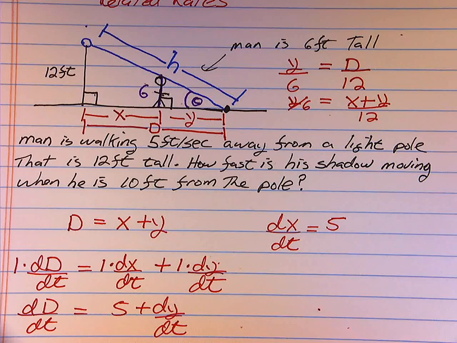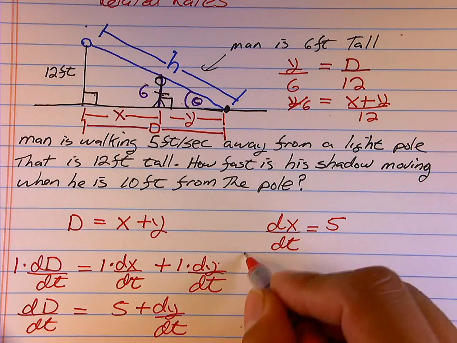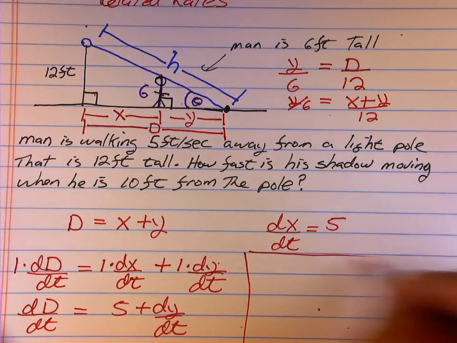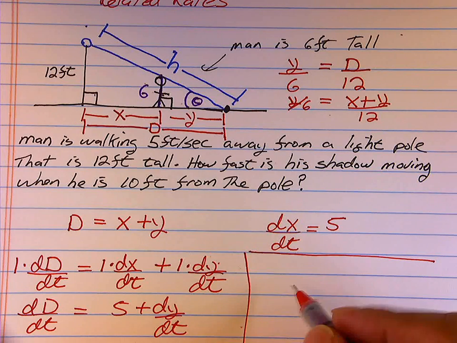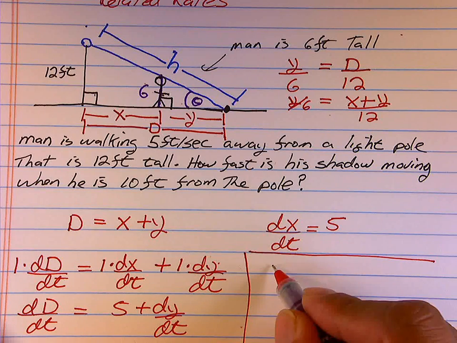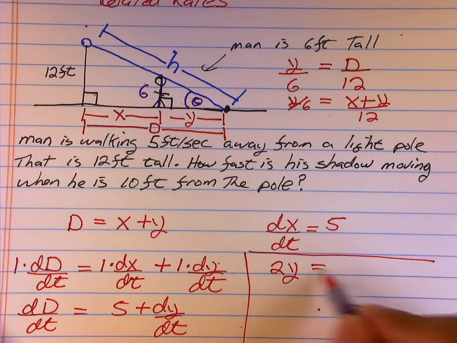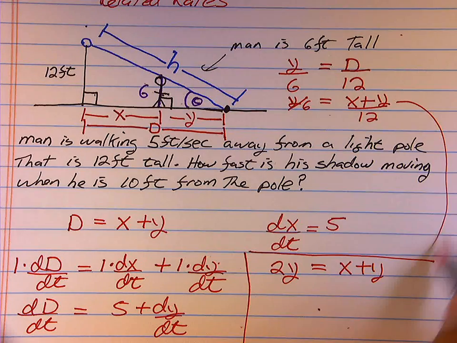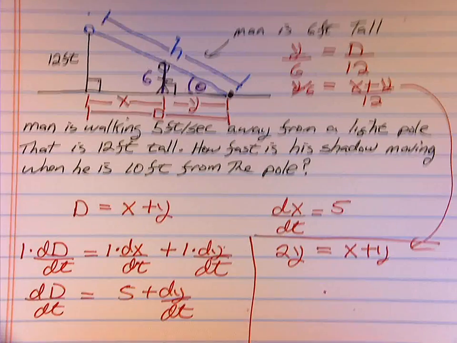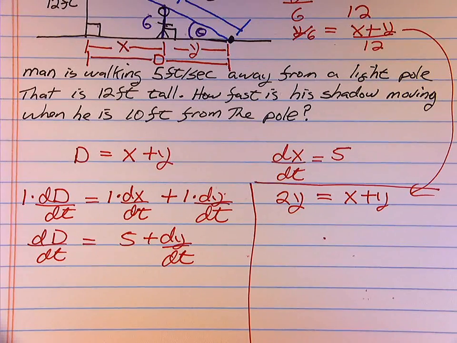I'm going to bring that information down. And now I'm going to multiply both sides by 12 to clear my fractions. And I will end up with 2y equals x plus y. I took this equation here and multiplied both sides by 12.